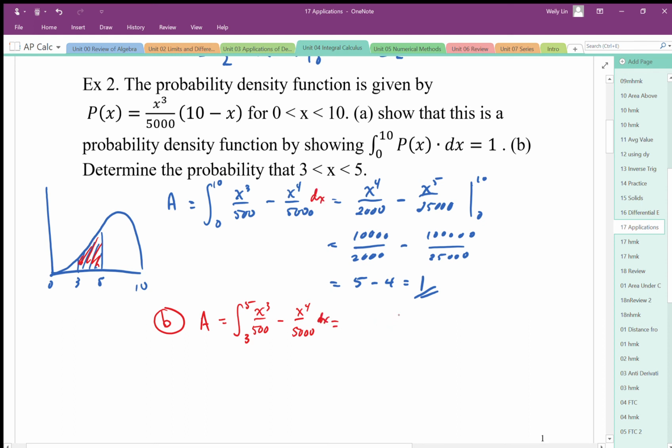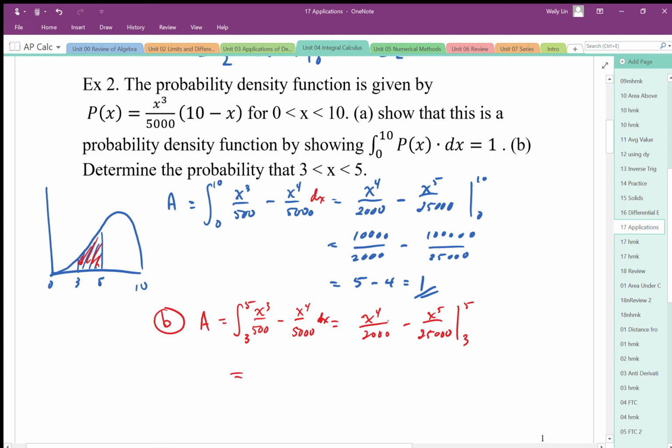Then we're going to get the exact same function, but from 3 to 5, not 0 to 10.